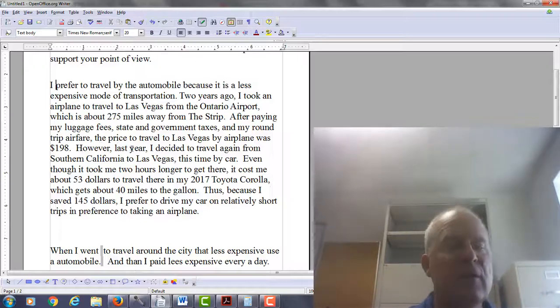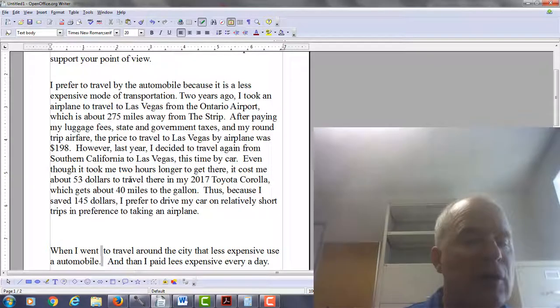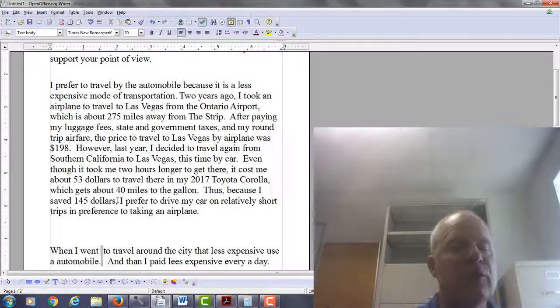However, last year I decided to travel again from Southern California to Las Vegas, this time by car. Even though it took me 2 hours longer to get there, it cost me about $53 to travel there in my 2017 Toyota Corolla, which gets about 40 miles to the gallon. Thus, because I saved $145, I prefer to drive my car on relatively short trips in preference to taking an airplane. You see what we're saying?